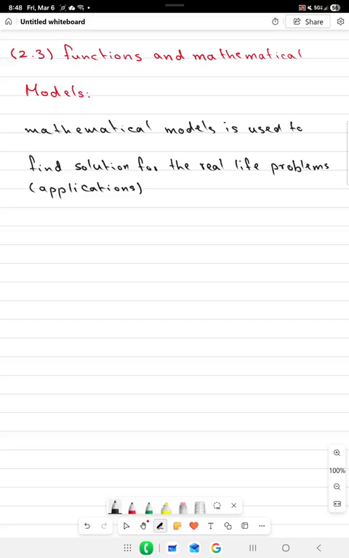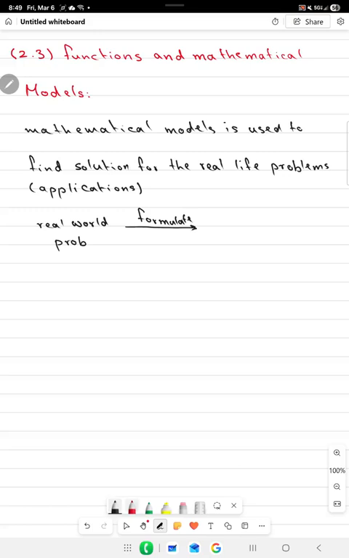How the process works: usually we take a real world problem, which is usually given to us in the format of words. We formulate, or we create a formula for it, right?